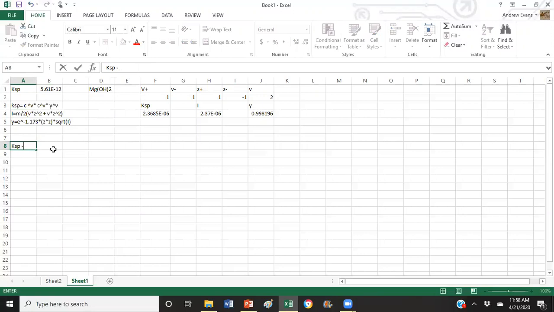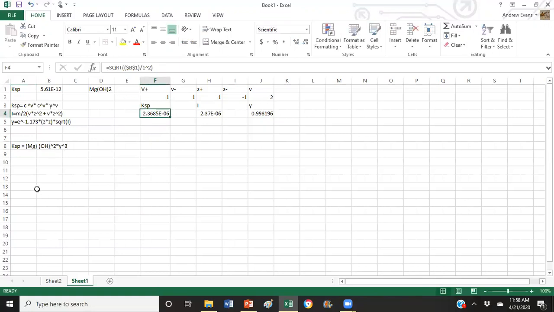KSP equals magnesium times hydroxide squared times Y to the third.